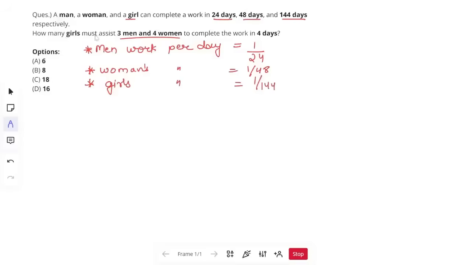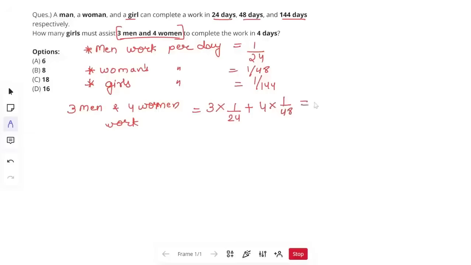Now let's see how many girls must assist 3 men and 4 women. First of all, in order to understand how many girls must assist, we have to understand how much work 3 men and 4 women will do. So 3 into the work done in one day, which is 1 by 24, plus 4 women's work, which is 4 into 1 by 48.